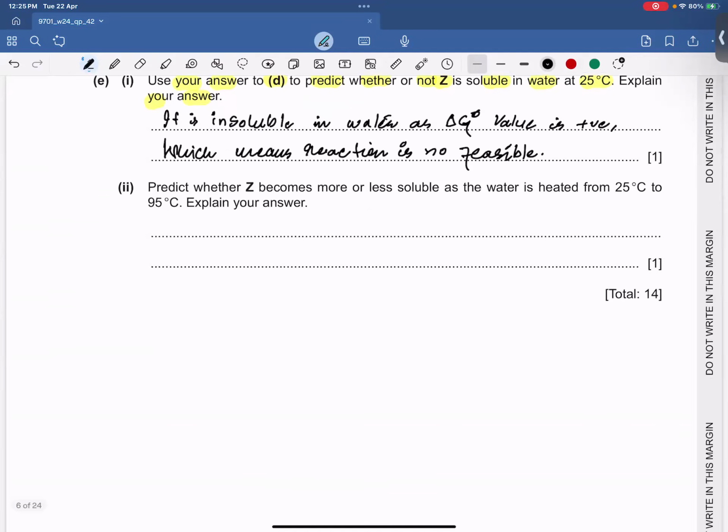All right. Next is predict whether Z becomes more or less soluble as water is heated from 25 degrees Celsius to 95 degrees Celsius. Explain your answer. So we have delta G naught equals delta H minus T delta S. Delta H value was positive, minus T will remain.